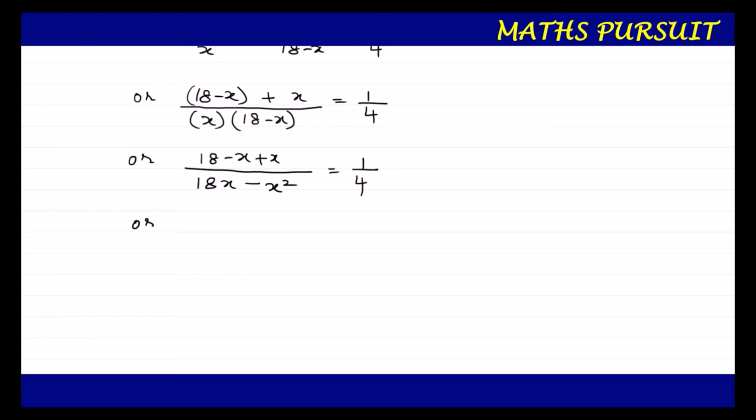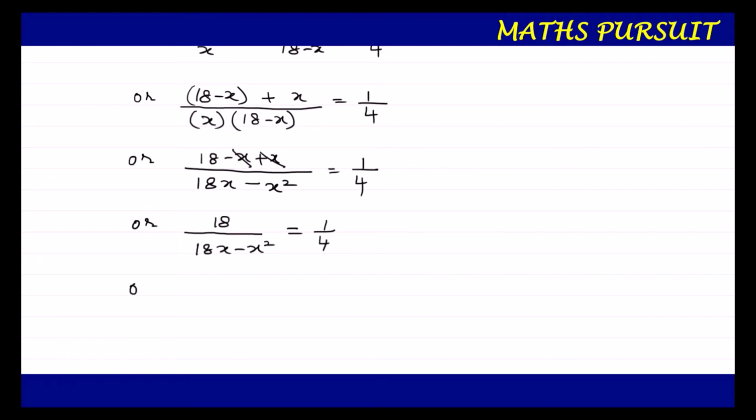Or I can write the above equation as 18, because this minus x and this plus x will cancel out, and I am just left with 18. So 18 upon 18x minus x to the power 2 is equal to 1 upon 4.